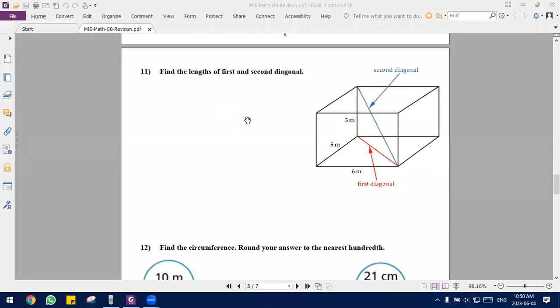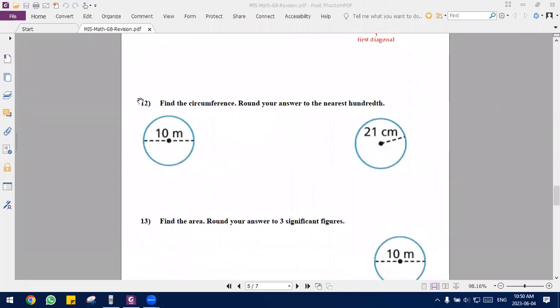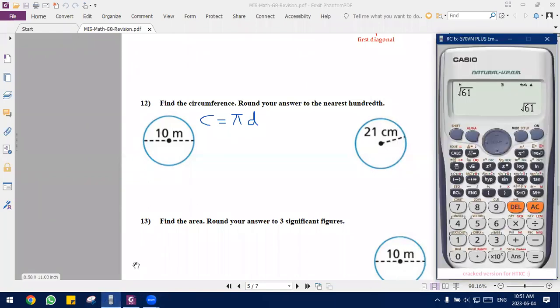Okay, that's the end of the chapter on Pythagoras. Now, the circle. Find the circumference and round your answer to the nearest hundredth. If I check the first circle, what is given here? Yes, the diameter. So the circumference is equal to pi times d. Now I have to use the calculator because I need the answer to be accurate. D is 10.